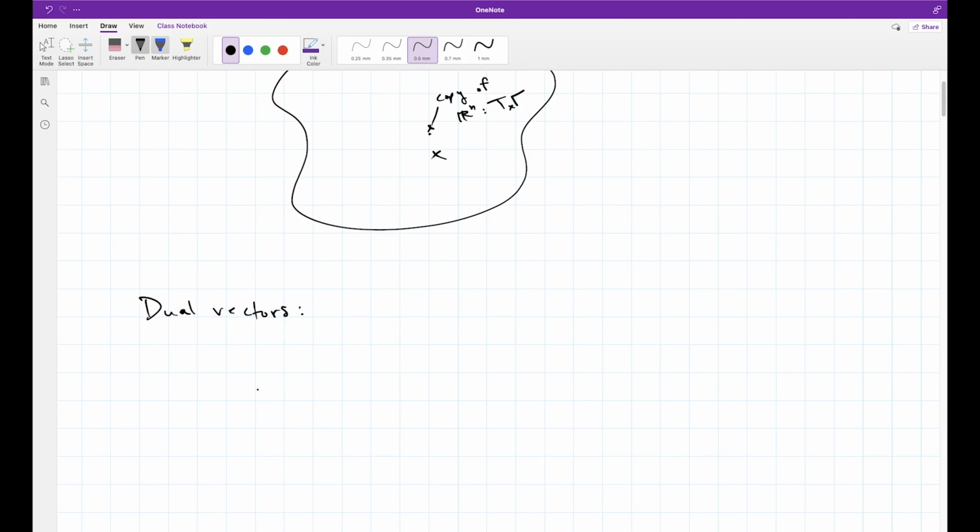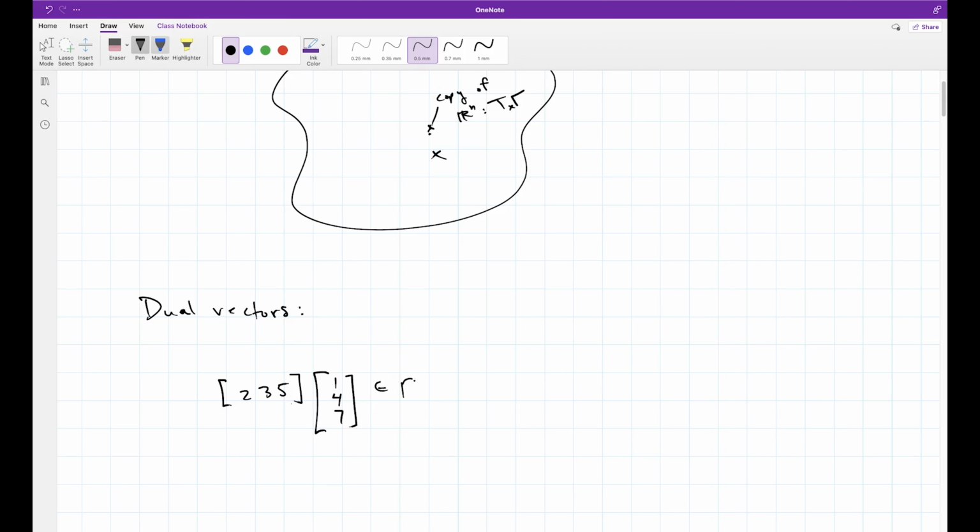You're probably familiar with this already from a linear algebra course. If we have a column vector, say 1, 4, 7, then we can construct a row vector, say 2, 3, 5, of the same size. And we know that when we multiply the column vector on the right by a row vector on the left, we get just a number.